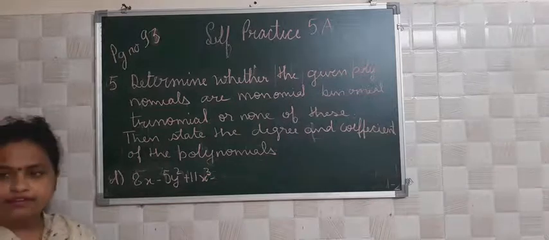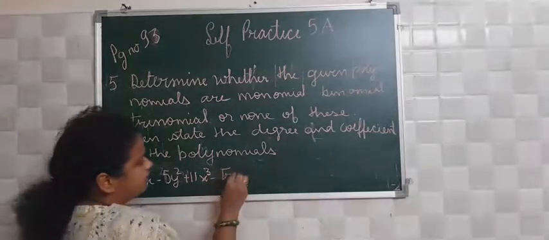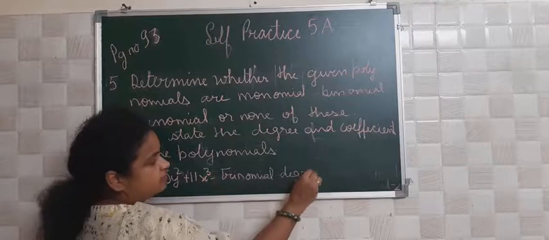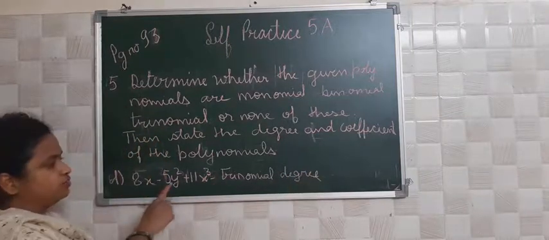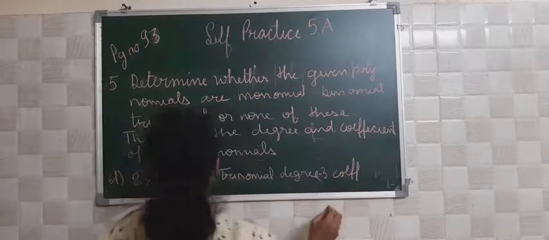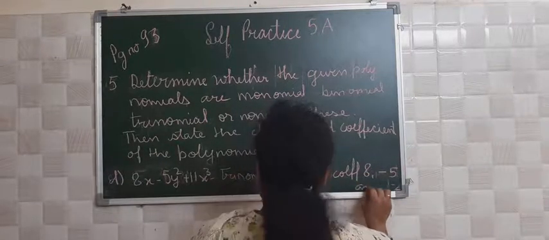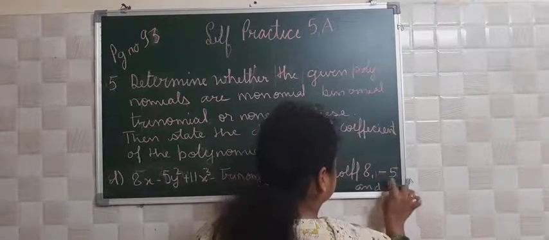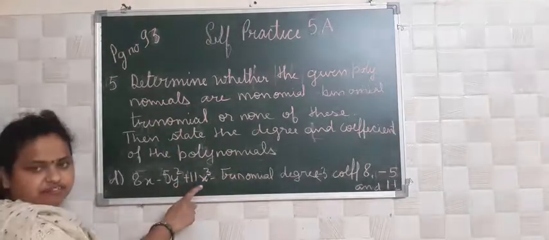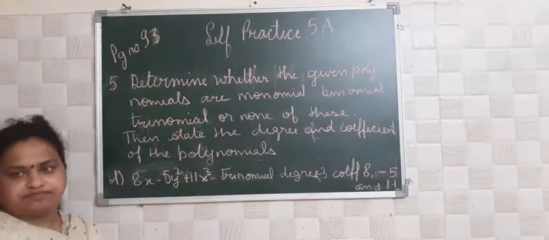How many terms are there? 3. So it will be trinomial. And what will be its degree? The degrees are 1, 2 and 3, so the degree will be 3. And its coefficients will be 8, minus 5 and 11, because here all three terms have variables. So its coefficients will be 8, minus 5 and 11.